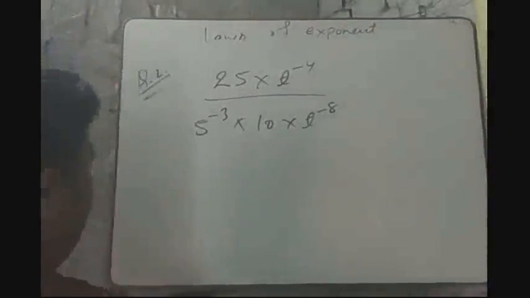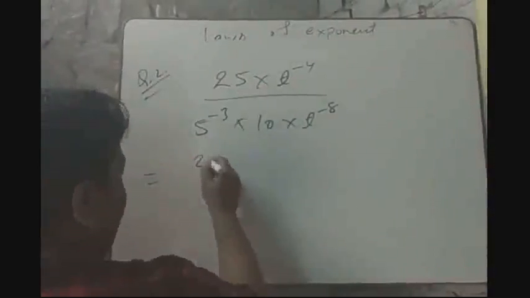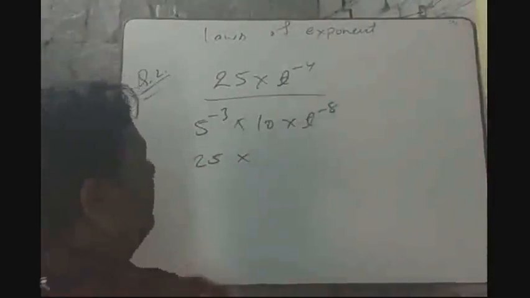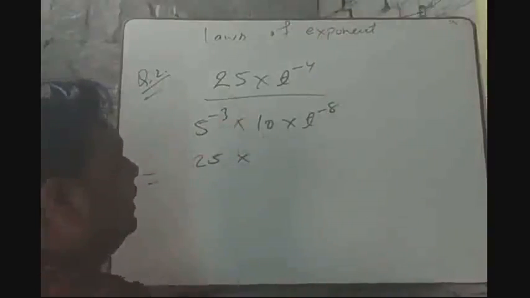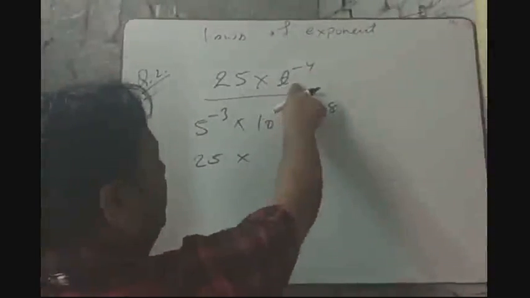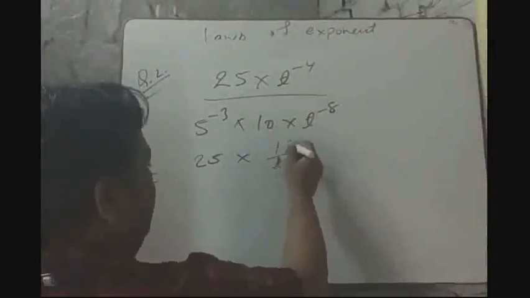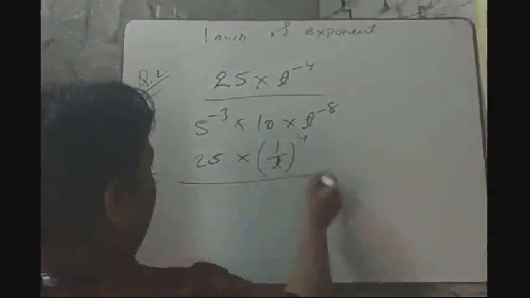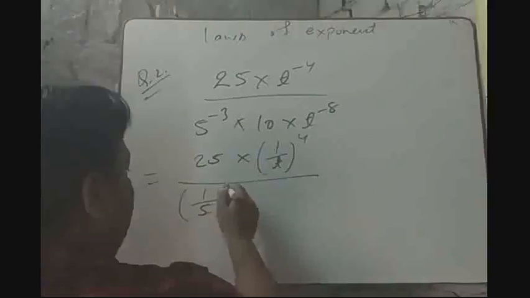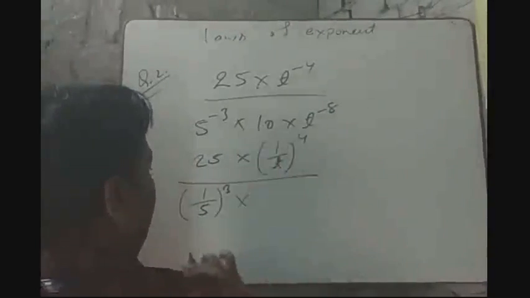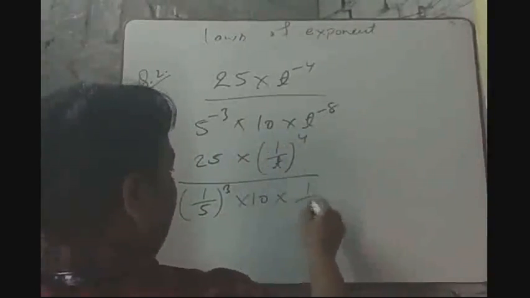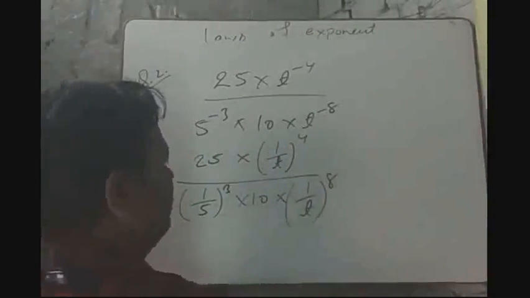See, we will do it separately. At first it is 25, there is no need to do anything with this. Now here t to the power minus 4. It has a negative power, so we will write the reciprocal of this. In the denominator there is 1 only, so we will write 1 by t to the power 4. And here again there is a negative exponent, so we can write 1 by 5 to the power 3 into 10 only, and 1 by t to the power 3.